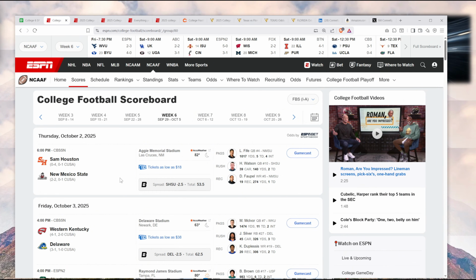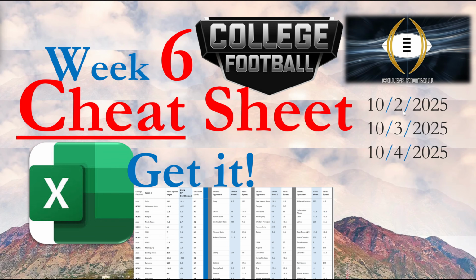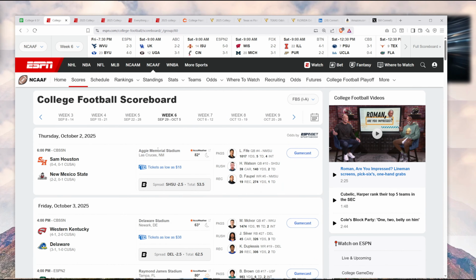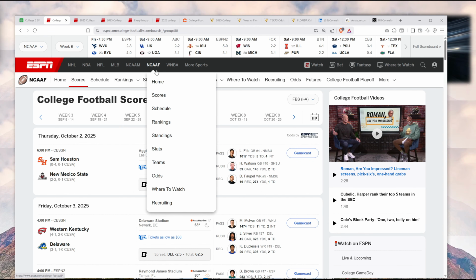So okay, ESPN. We're talking about week 6, and week 6 is from October 2nd through October 4th, 2025. If you go to NCAAF, go to rankings.